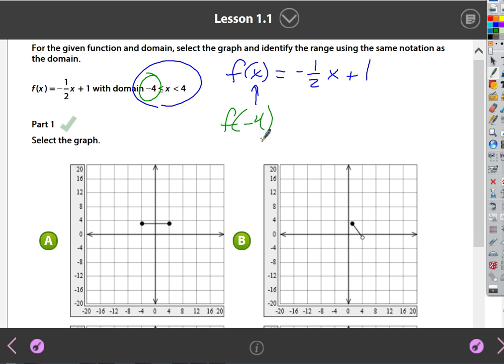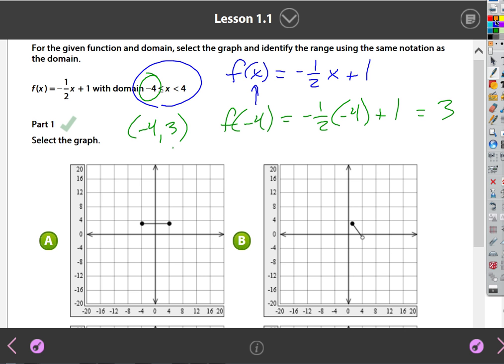So that's going to be negative 1/2 times -4 plus 1. Negative times negative is positive, and we get positive 2, so we get 2 plus 1 equals 3. So when I put in -4, I get back 3. That gives us the endpoint -4, positive 3.